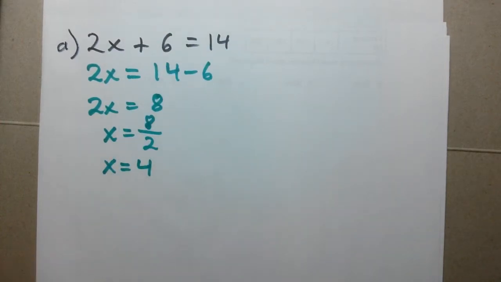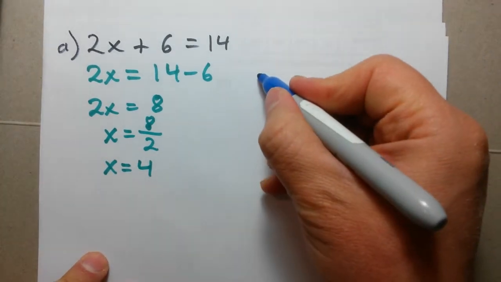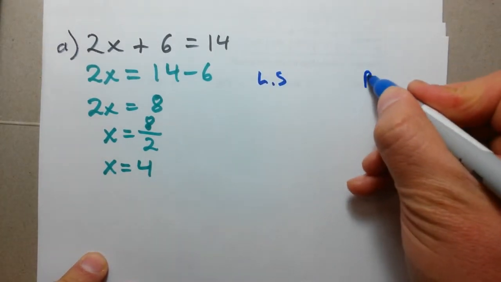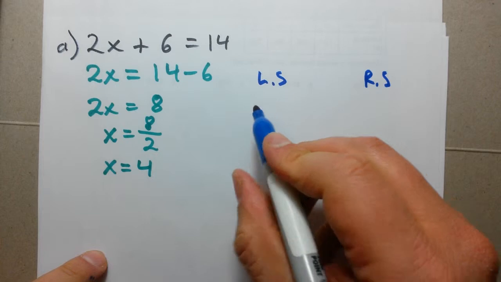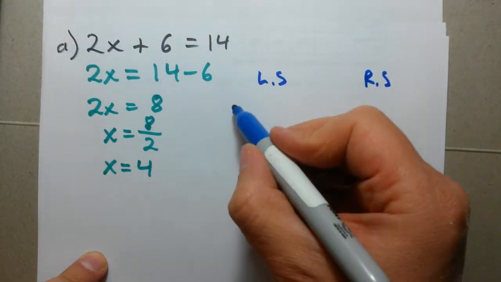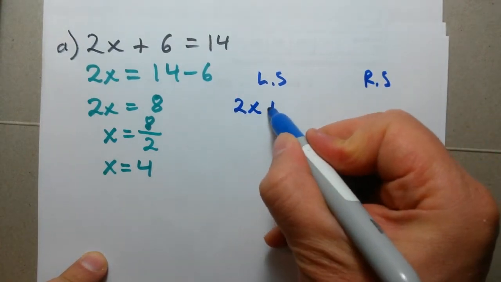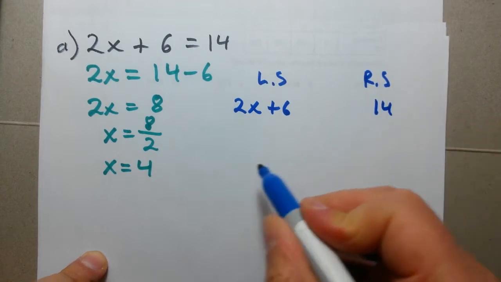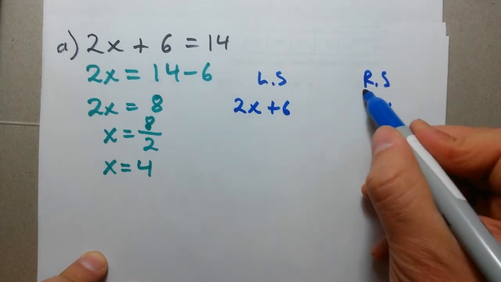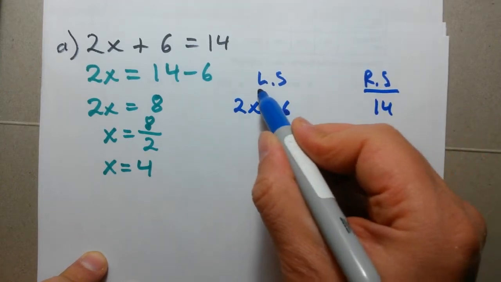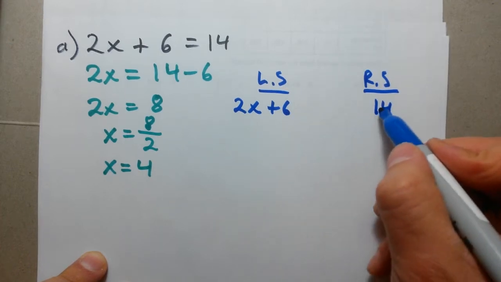So I will only double check for this one, but you can practice with the other examples. So you take left side, right side. The left side we have 2x plus 6, and the right side has 14. We don't need to worry about the right side because it already tells us it should be 14.